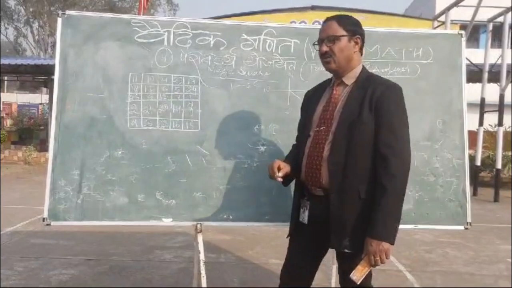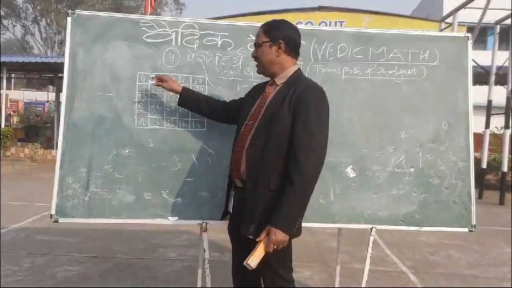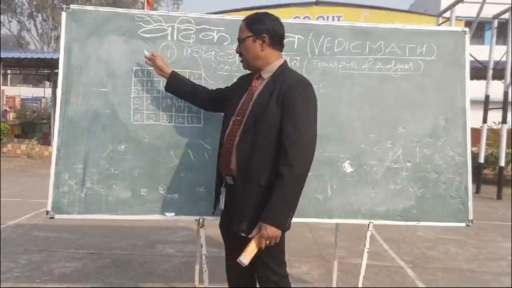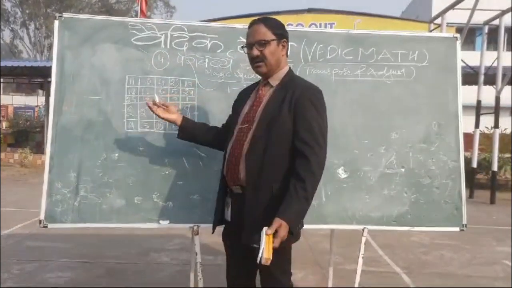Now check whether it is true or not. How will it be true? By adding all along the horizontal lines, the vertical lines, and diagonally, and see whether the sum is the same every way.